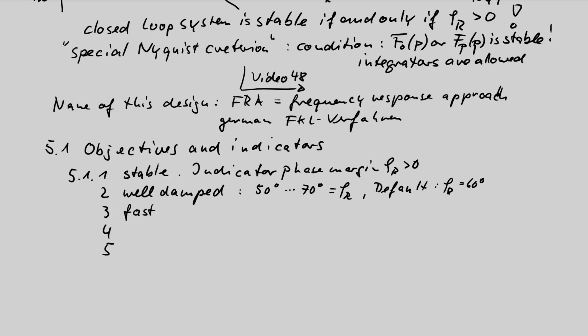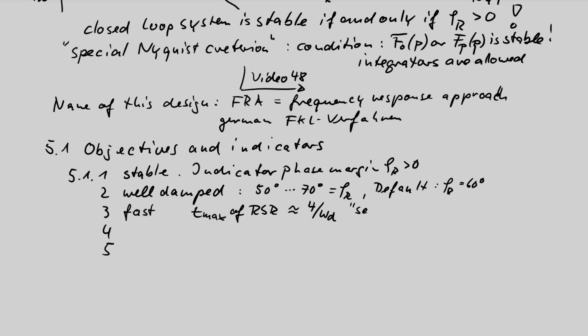I will show you in the next steps with some additional information that the Tmax value of the RSR, the reference step response, is approximately calculable with 4 divided by the crossover frequency. So the larger this value, the smaller is my Tmax value, and the smaller is the settling time.